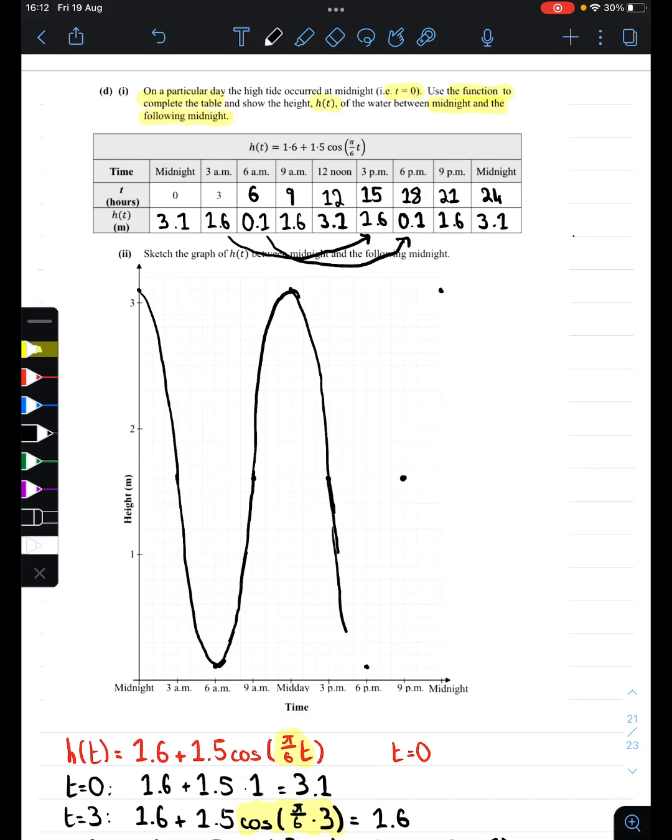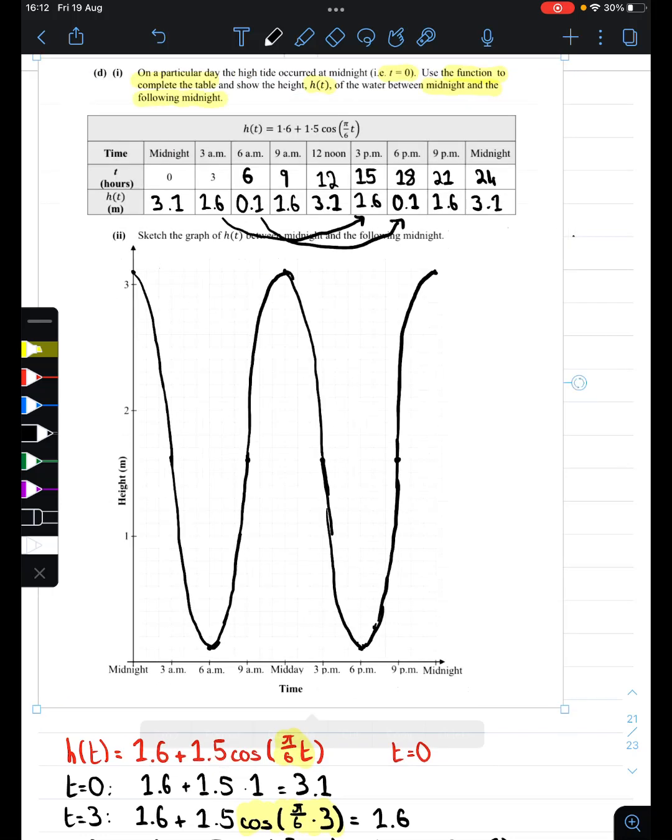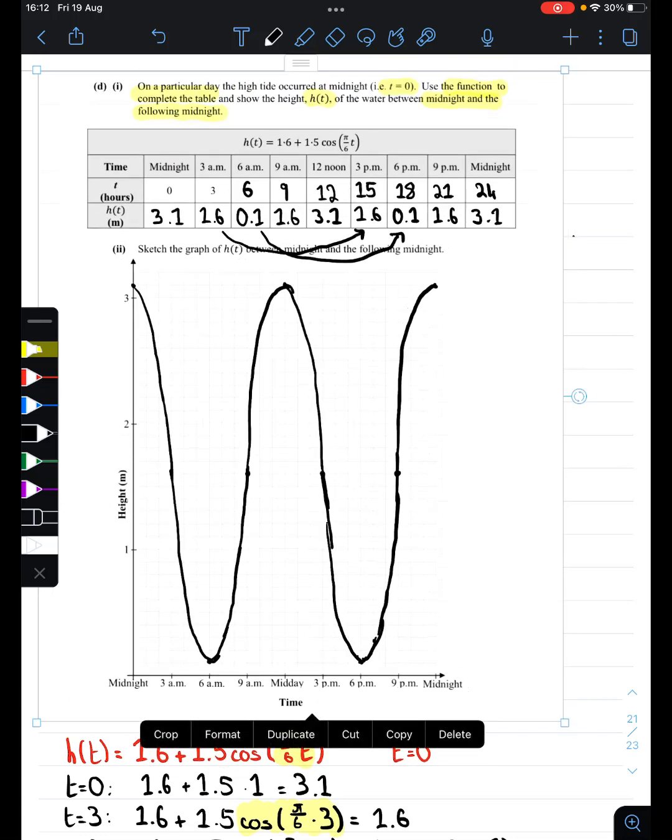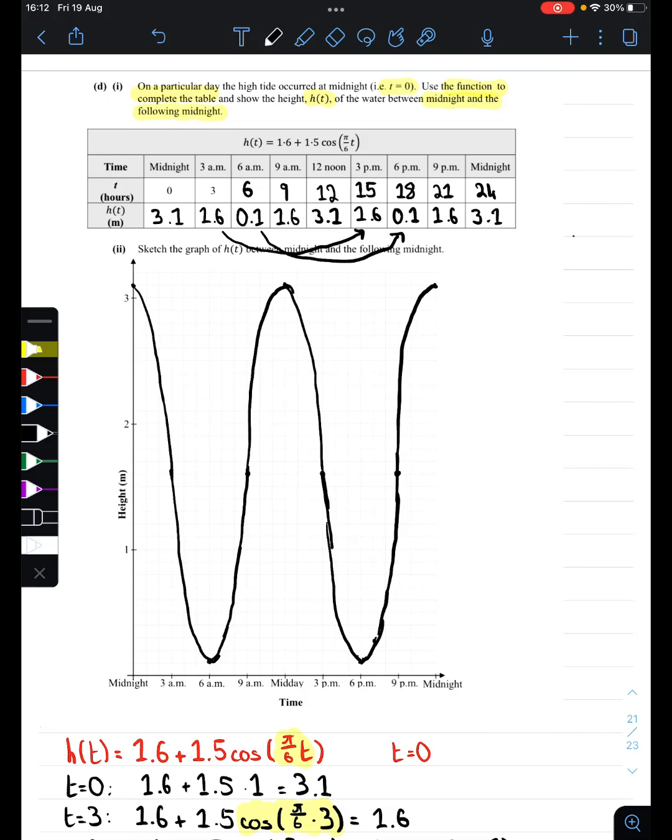And now it doesn't really matter that you're super precise, but that you have this type of curve is the only thing that matters here. As long as it looks broadly like this, it should be fine. Because if you remember, a cosine or a sine curve looks something like this. So it's just a stretched out one of those.